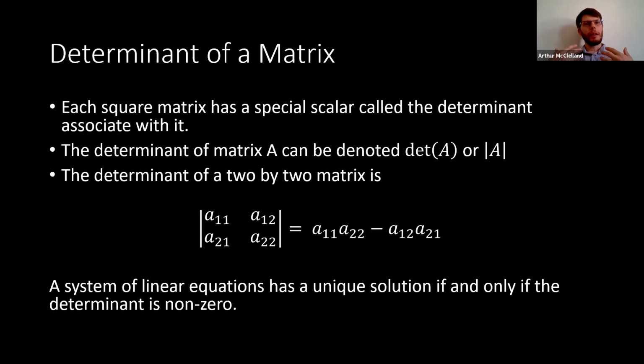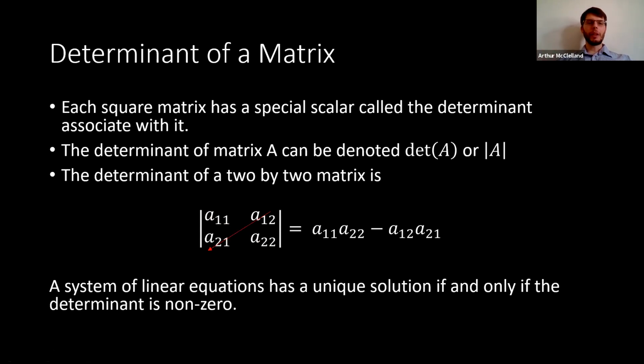There's a property of a matrix called the determinant. Each square matrix has this special scalar called the determinant that's associated with it. The determinant of the matrix is often denoted by det of A, or sometimes just what looks like the absolute value of A. So if we have a two-dimensional matrix, a 2x2 matrix, the determinant is calculated by going diagonally: A11 times A22 minus A12 times A21.